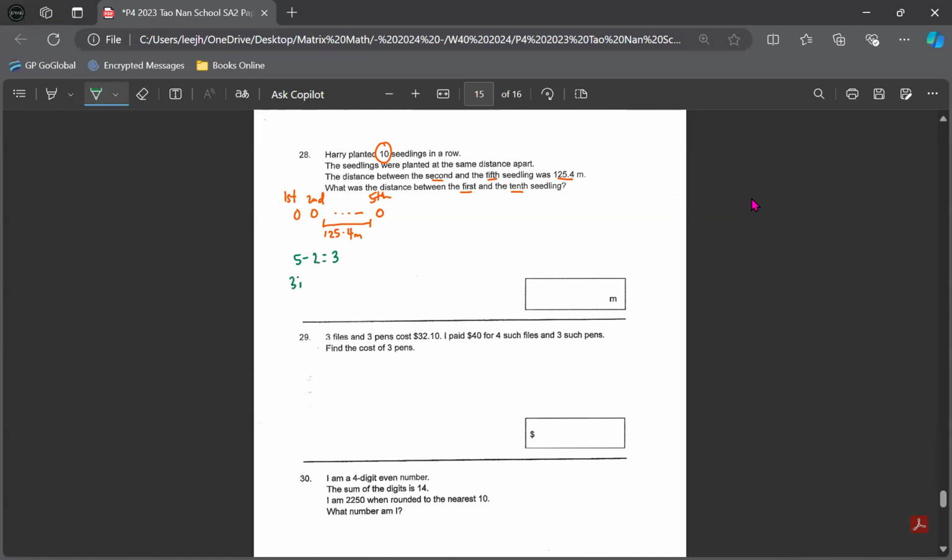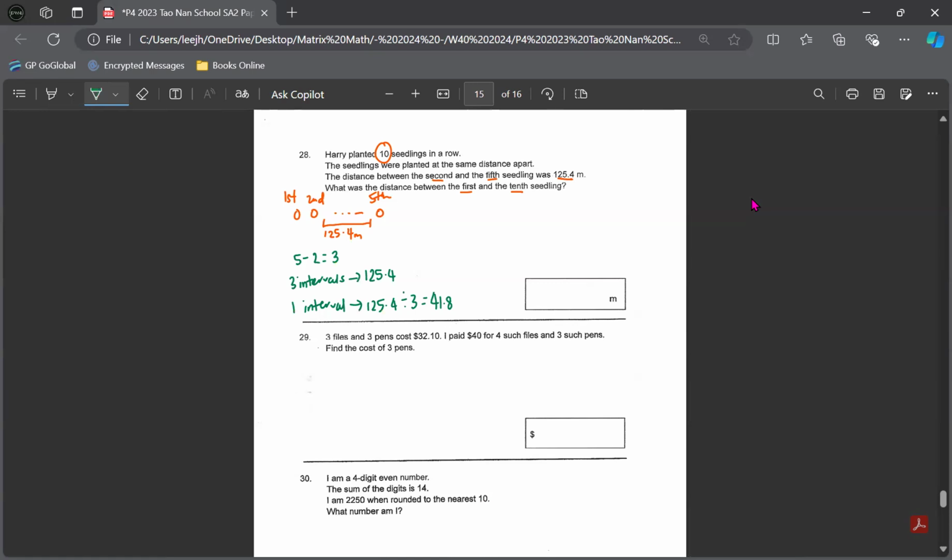So 3 intervals is a distance of 125.4 meter. Look for one interval. You divide by 3. Always look for 1. It would be 41.8 meter.